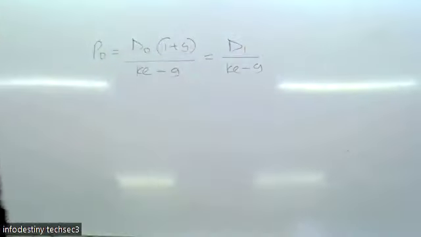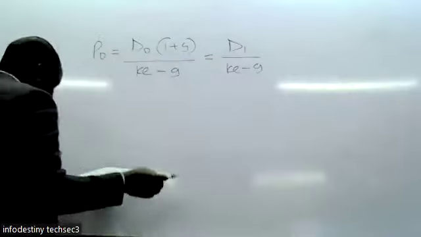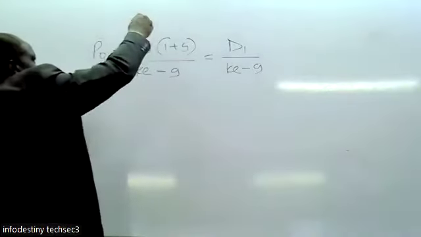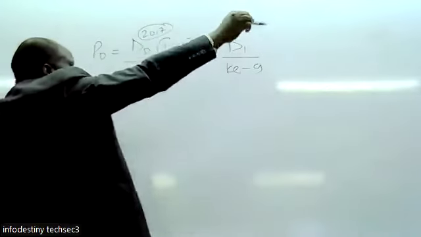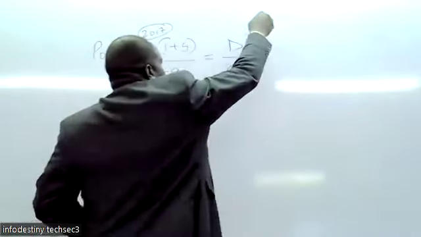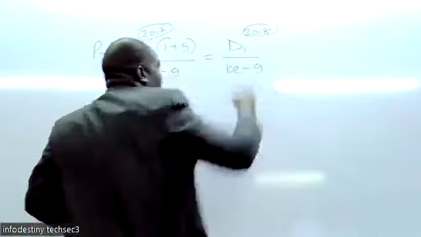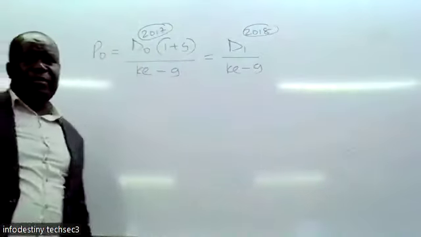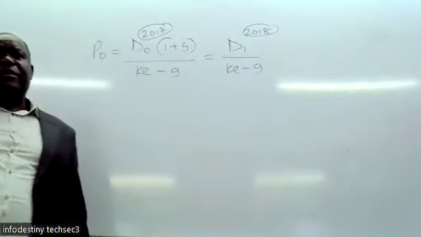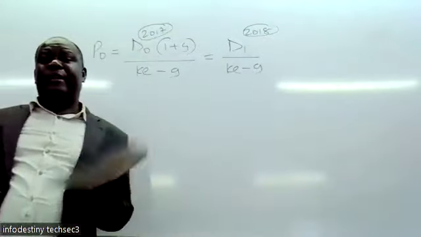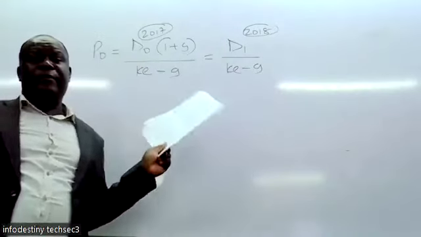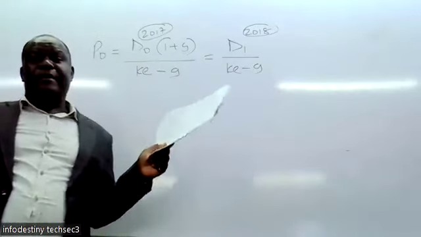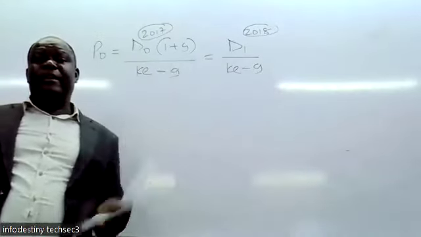So that means that your D0 is 2017, like that. And the D1 is 2018. So I hope you get that point because it will confuse you if you don't get it right away from here. Is it clear to everyone at that point?